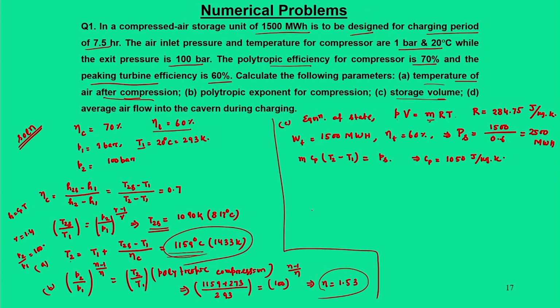Looking at this, we can say M can be calculated as PS divided by Cp times (T2 minus T1).